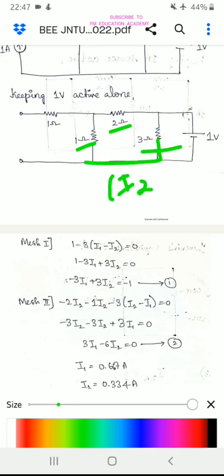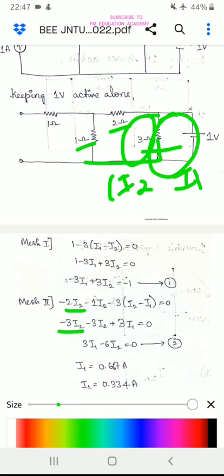Why is it I2 minus I1? Because here we have I2 and here we have I1. Now minus 2I2 and minus 1I2 give minus 3I2, and minus 3 into (I2 minus I1) gives minus 3I2 plus 3I1 when you open the bracket. So we get minus 6I2 plus 3I1 equals 0. That is our equation 2.